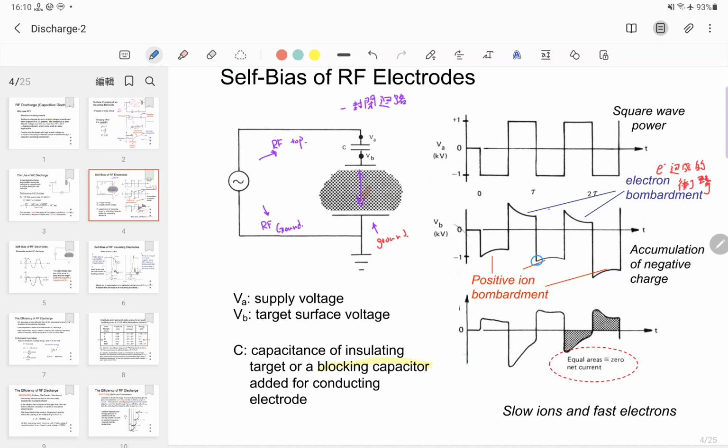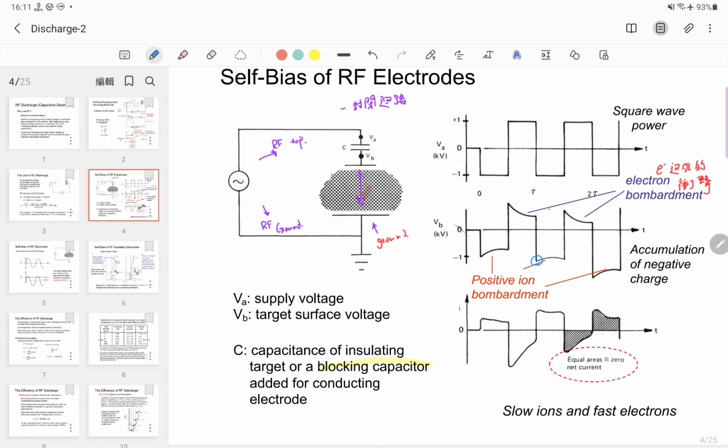So the shape of this curve is not symmetric. On average, the top electrode will become negatively charged compared to the ground electrode, even though half the cycle is negative and half is positive.